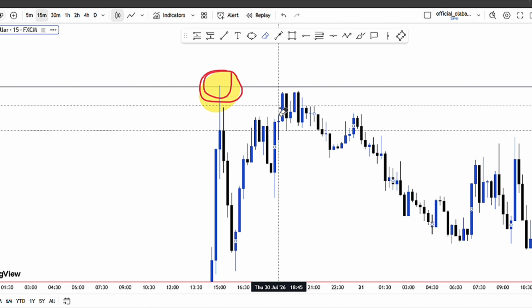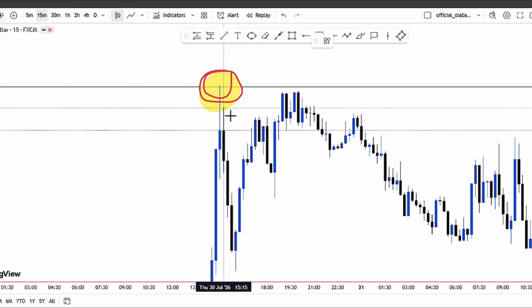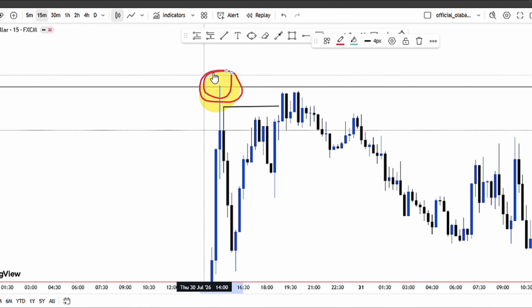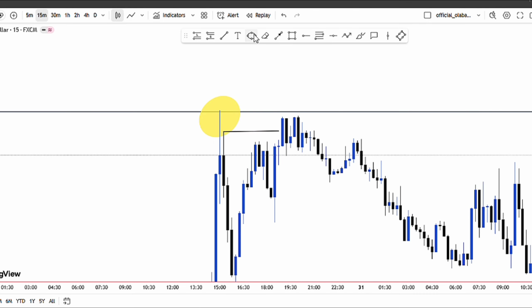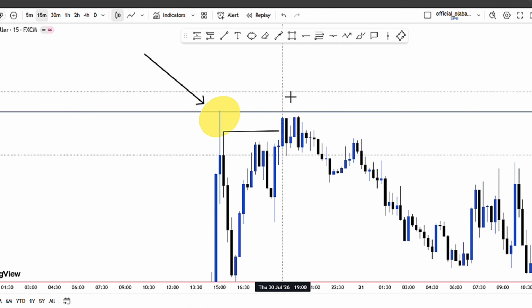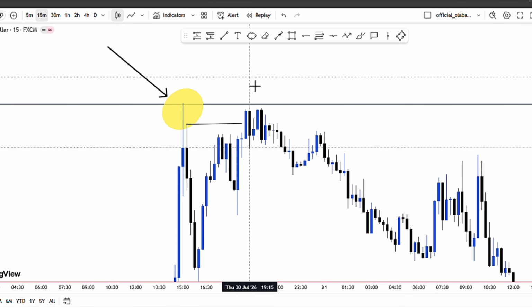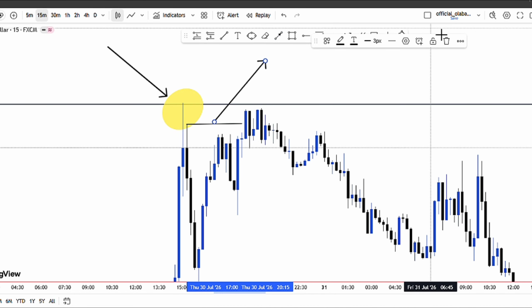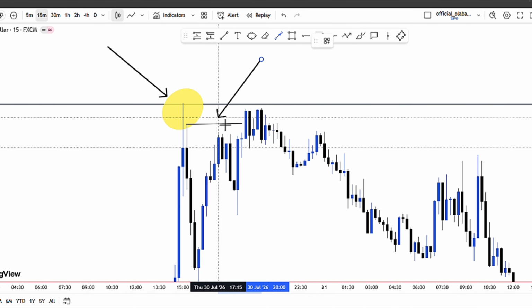So now this liquidity has been swept, meaning two criteria have been met, but we still don't want to get in. Now, what are the two criteria? Number one, we have a key level. Price is rejecting off from a key level. Two, now we have a valid liquidity sweep.